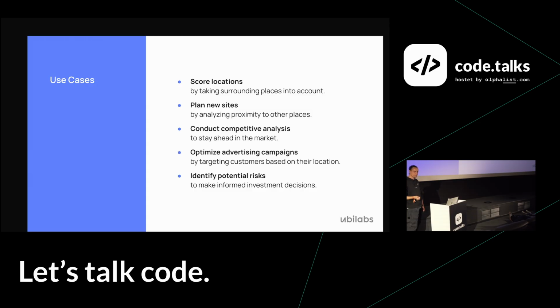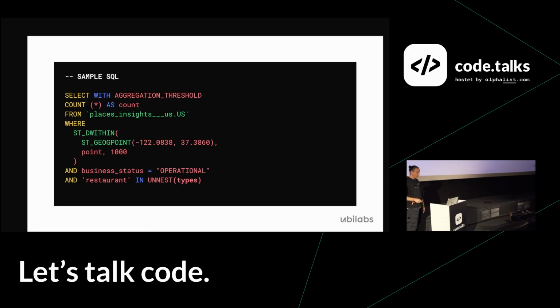It's good for planning new sites, so you can analyze the whole country and see some white spots where I should open a specific store if the surrounding meets my needs. You can also do competitive analysis, like analyzing reviews of other places and a lot of other things. And to do that, you simply fire an SQL statement, and here's a really simplified statement. You select everything from the US dataset, for example.